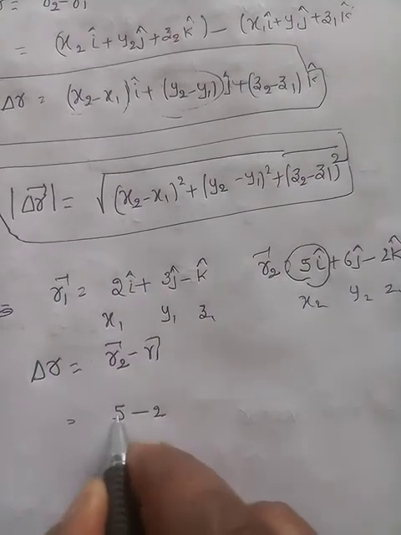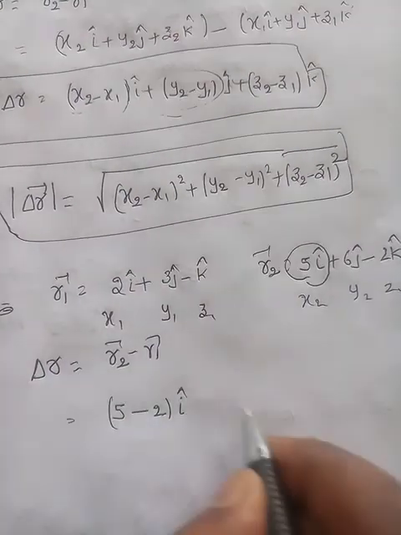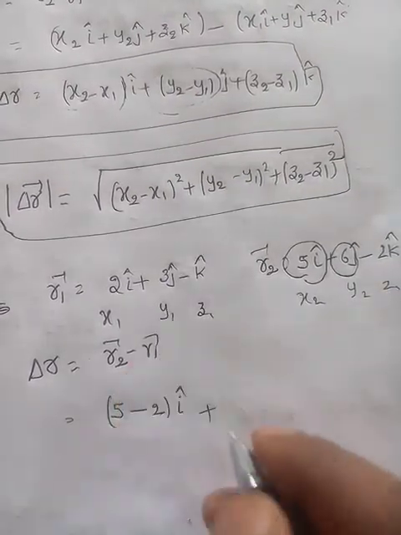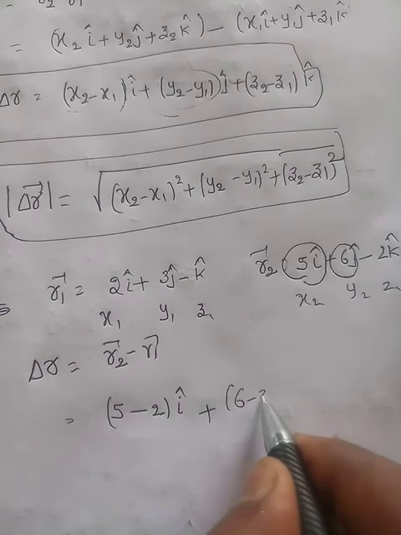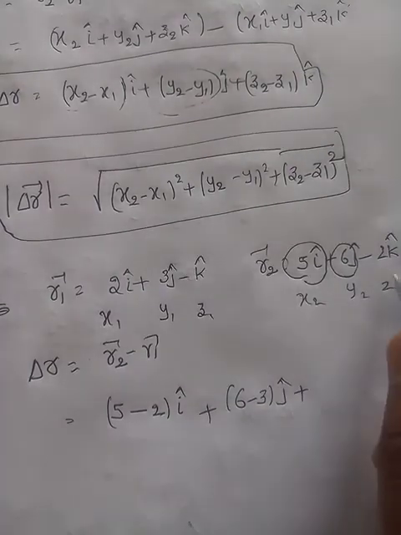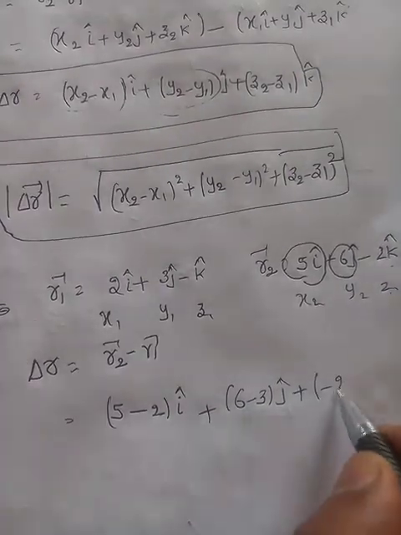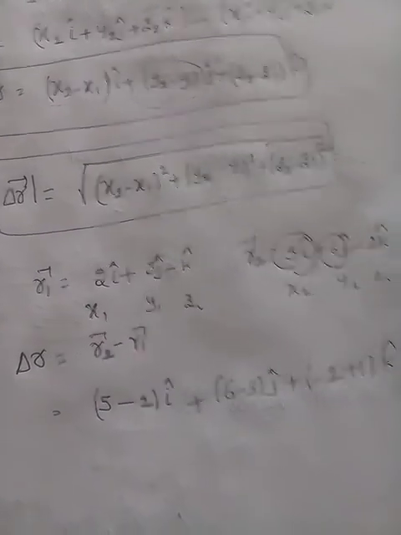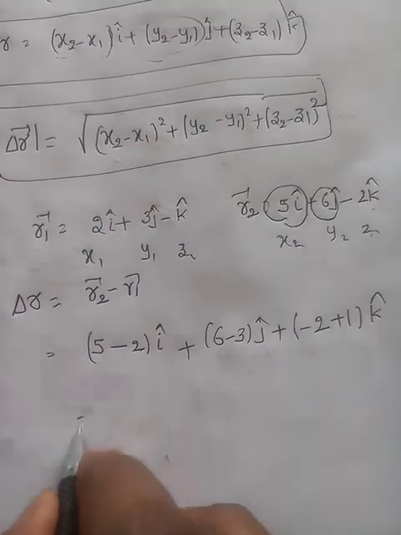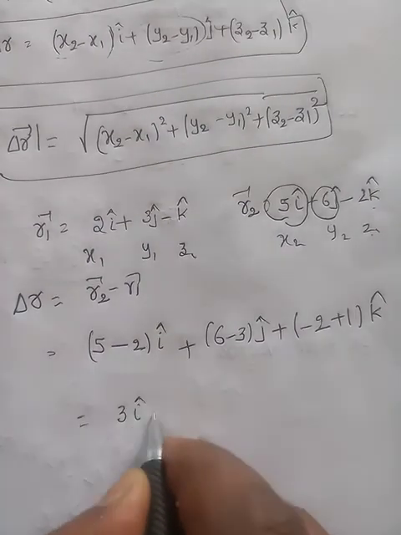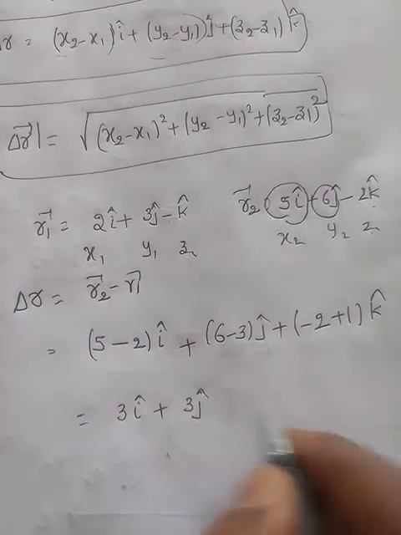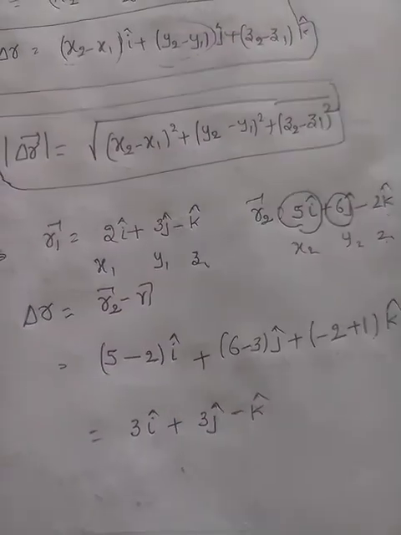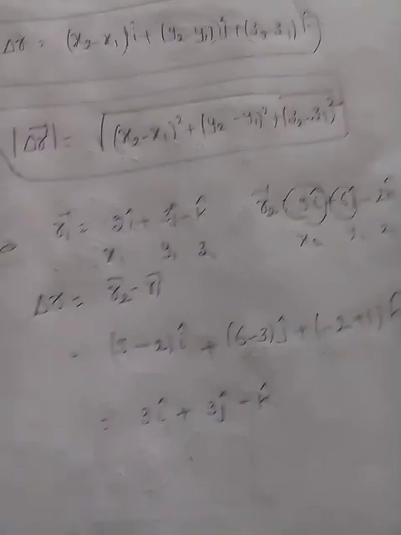What is x1? 2, into î, plus y2 minus y1. y2 is 6, y1 is 3, so 6 minus 3 into ĵ, plus z2 minus z1, which is minus 2 minus of minus 1, that is minus 2 plus 1, into k̂. Just subtract: 3î plus 3ĵ minus k̂. So that is the displacement of the particle.